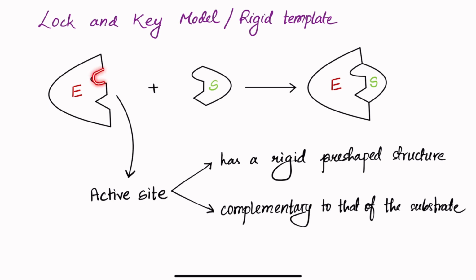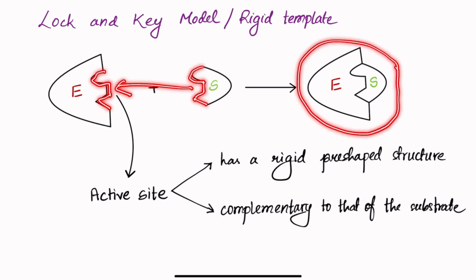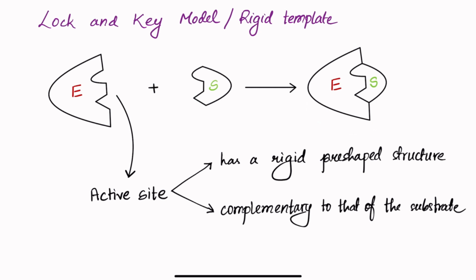That is, it has a definite structure or a rigid pre-shaped structure. And only those substrate that can exactly fit in this particular pre-shaped structure can bind with the enzyme to form the enzyme substrate complex. So only complementary substrate to this active site can bind and form enzyme substrate complex. So the active site has a rigid pre-shaped structure and the active site is complementary to that of the substrate.